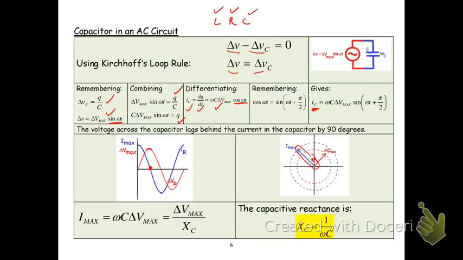So this is going to be IC equals delta V max. I can put an XC there, but XC is not equal to omega C. XC is equal to 1 over omega C, just mathematically for that to work out.